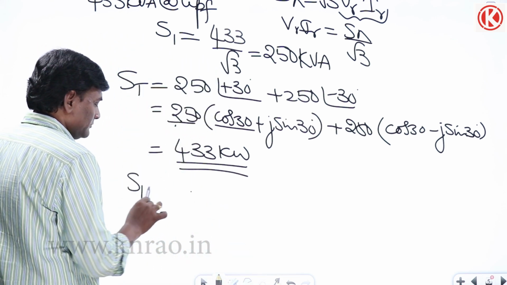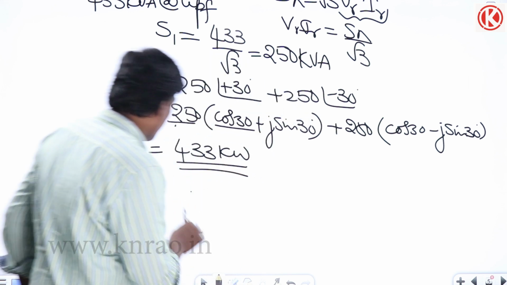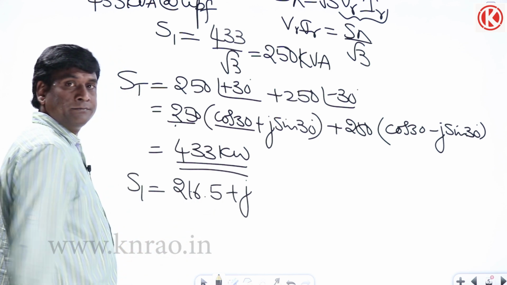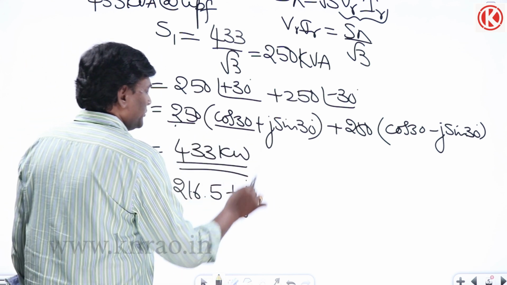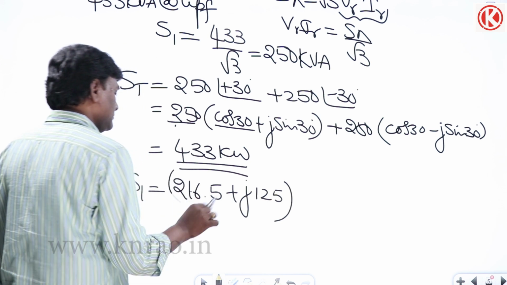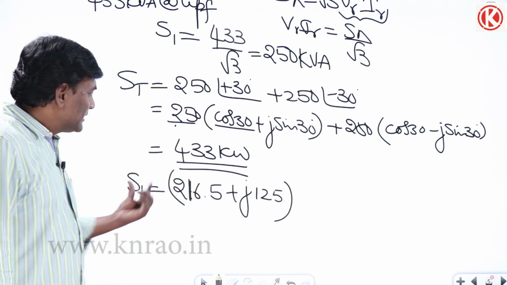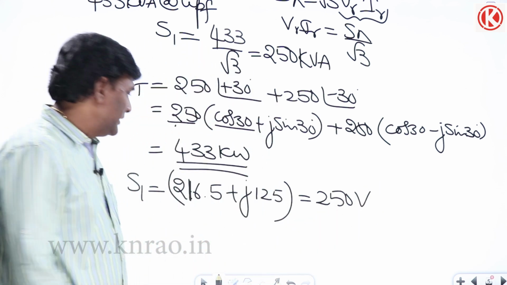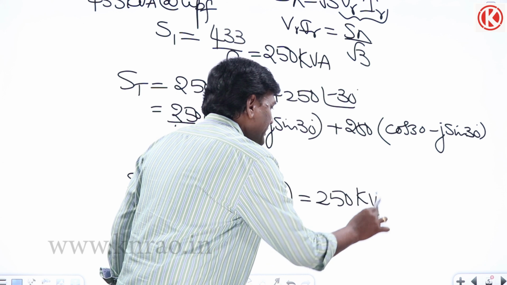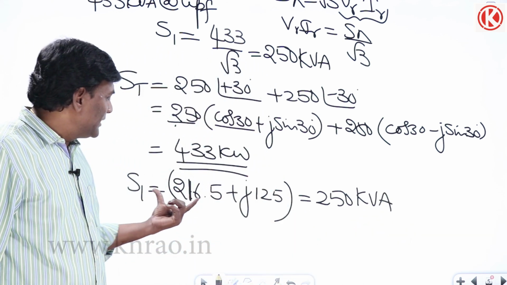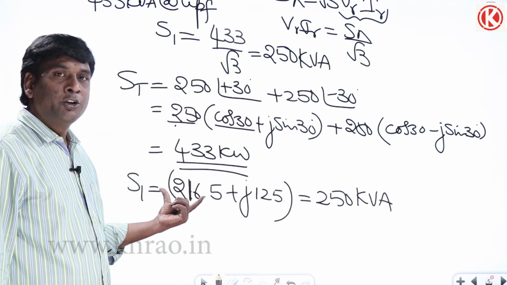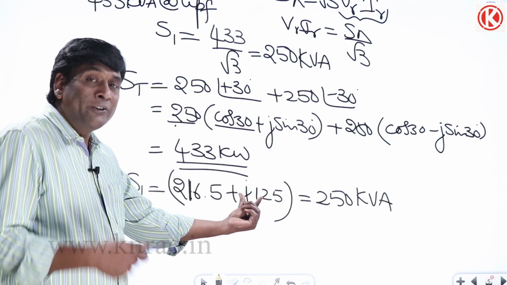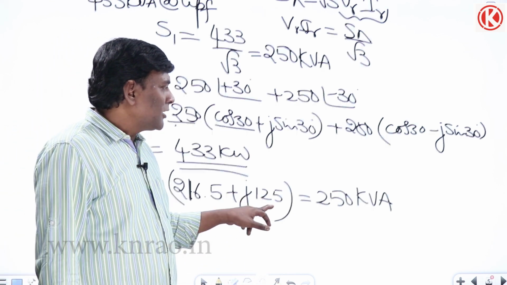So S1, the first transformer, is going to be 216.5 plus j reactive power of sin 30, which is 125. This plus this is going to be 250 kVA only. Meaning out of 250 kVA, 216.5 kilowatt of power it is giving to output, and 125 kVAR reactive power it is supplying. But output side it is UPF.